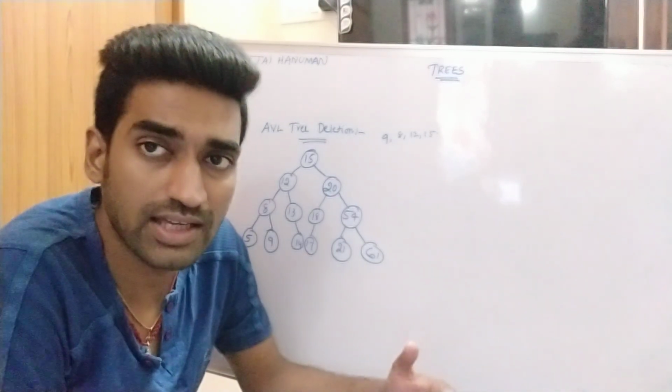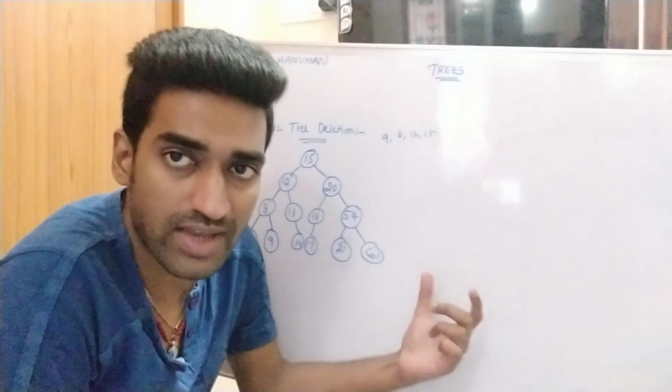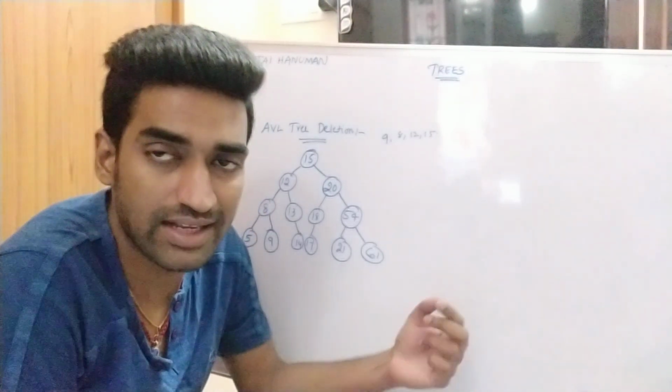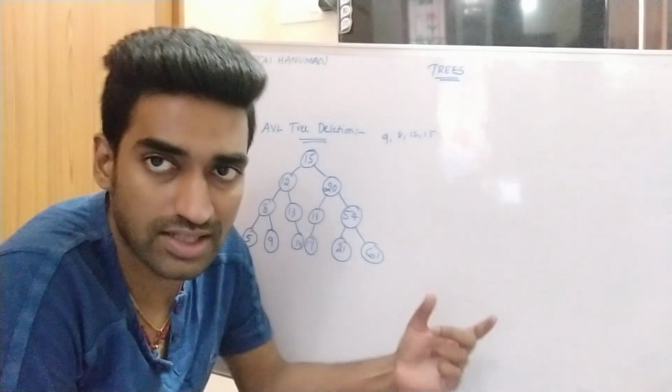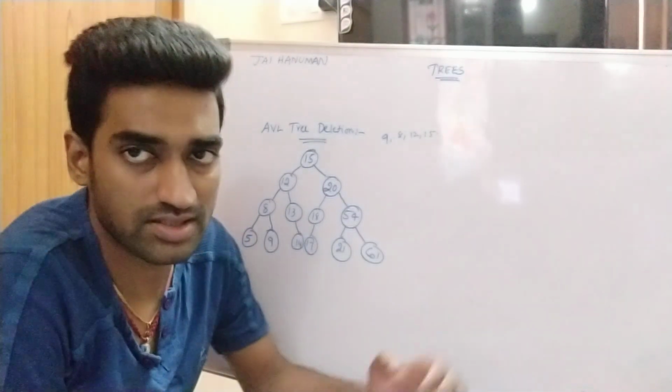Otherwise, we apply rotations. Then we can adjust the balance factor for a critical node, right? A critical node is nothing but a node violating the balancing factor. So that node is said to be the critical node of a tree, right? So then we apply rotations.